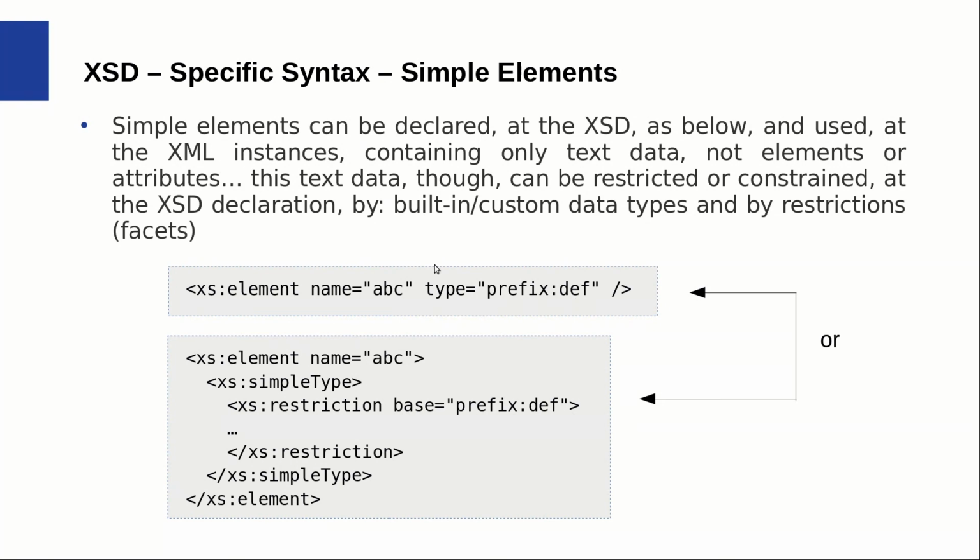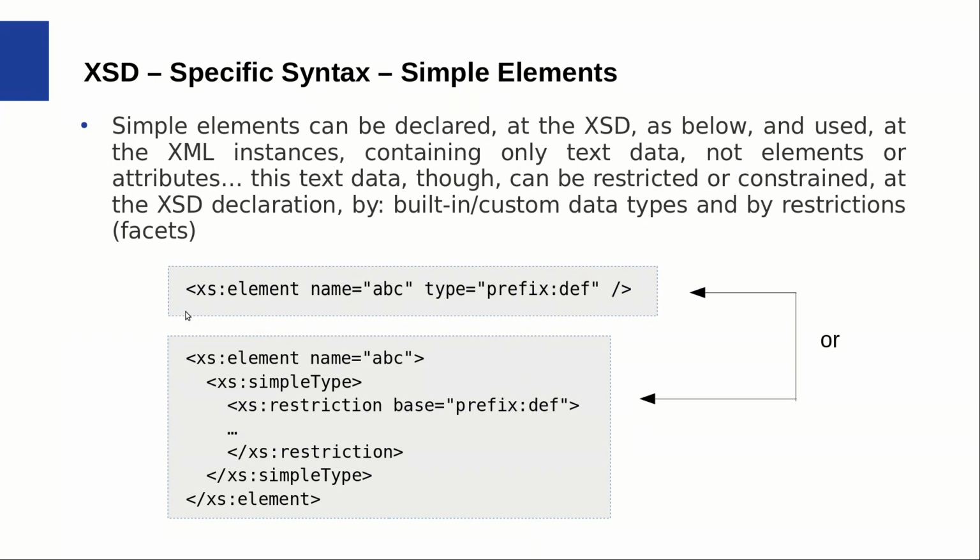And then we simply set the type using the type attribute equals, under quotes, the prefix, which can be the default prefix from W3C, if we are using base types from W3C, for example, xs:string or xs:boolean, or this prefix can be any custom prefix from any other namespace that links to any other declared type within that document or at any other document imported to the XSD, and giving access through the colon here to the type we want to set.